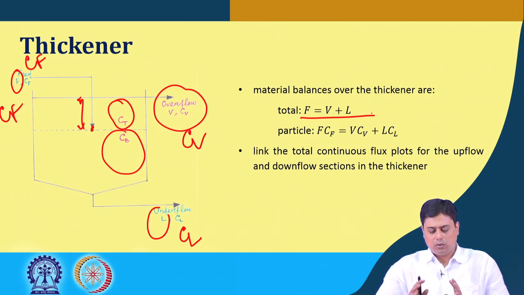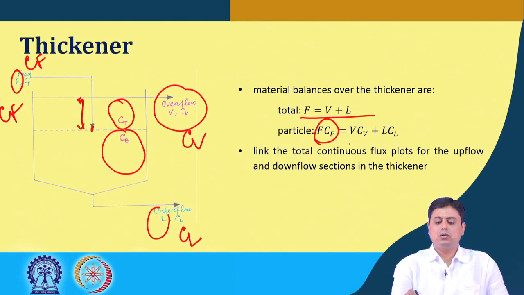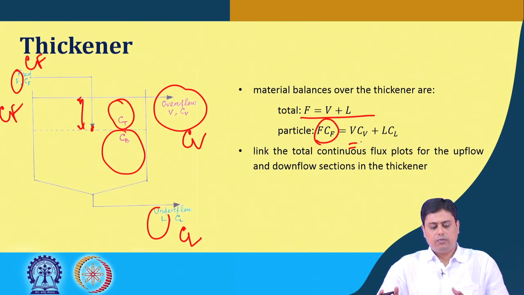The total flow balance is that the feed is equal to the overflow plus the underflow, F = V + L. And the particle balance is F Cf equals the volumetric flow rate of the overflow multiplied by the corresponding concentration, plus the volumetric flow rate of the underflow with its concentration, F Cf = V Cv + L Cl.